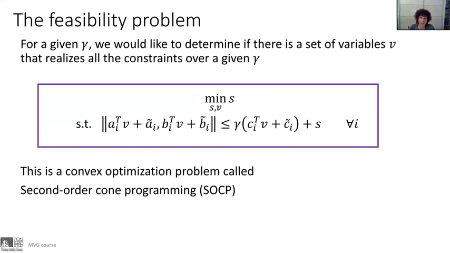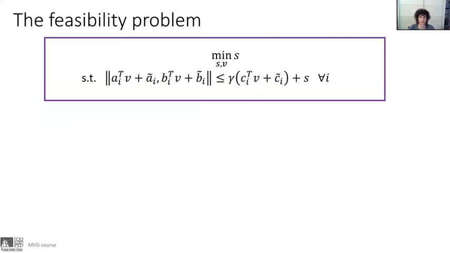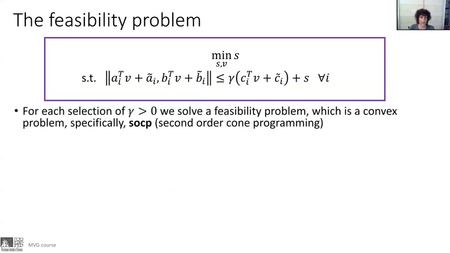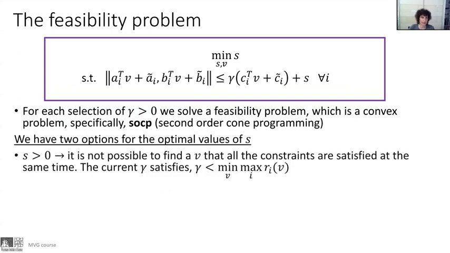But why does this let me have what I want? So given gamma, let's look at the option of S. For each selection of gamma, we solve this feasibility problem. So if S is greater than 0, recall that I'm minimizing S. If S is greater than 0, what does it mean?